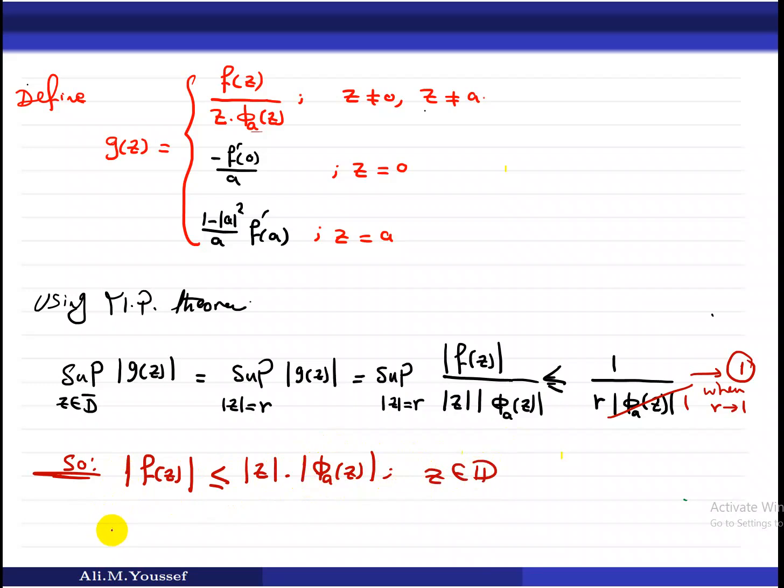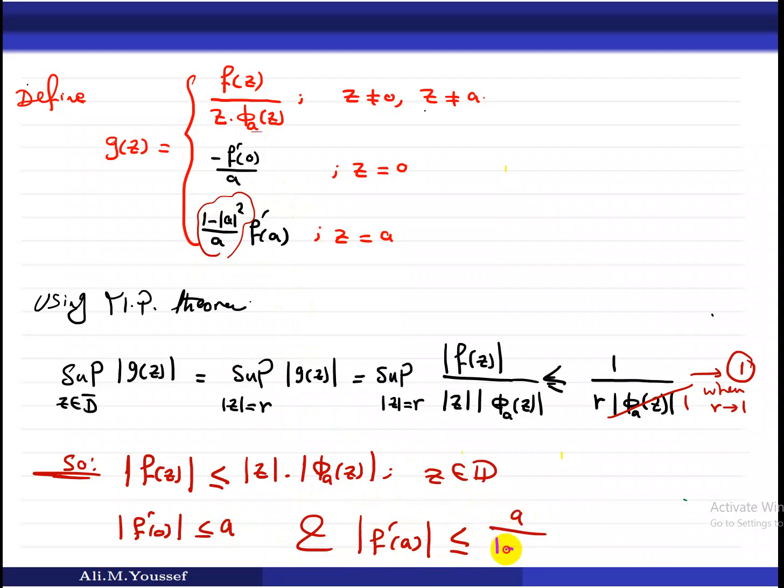Another thing, we have the modulus of f prime of 0 is less than or equal to a. And for f prime of a, taking these 2 things on the other sides, we can get it is less than or equal to a over 1 minus a squared. So we can state all of these things.